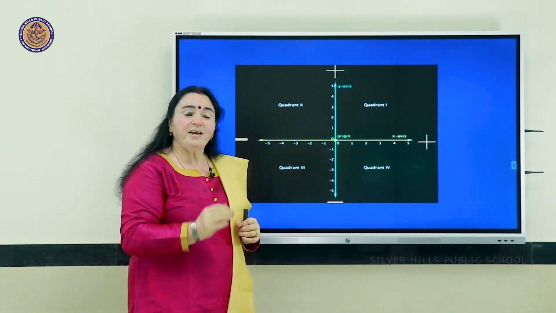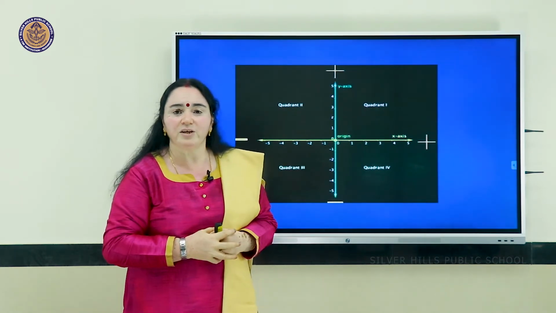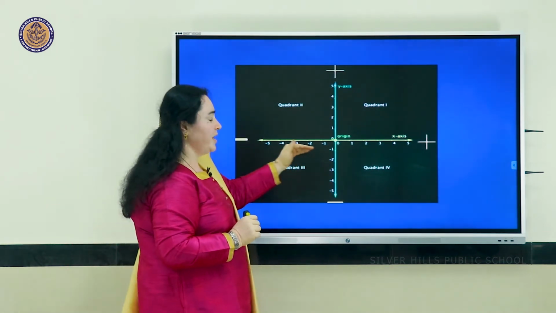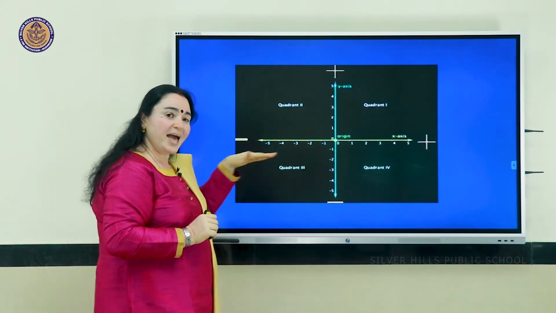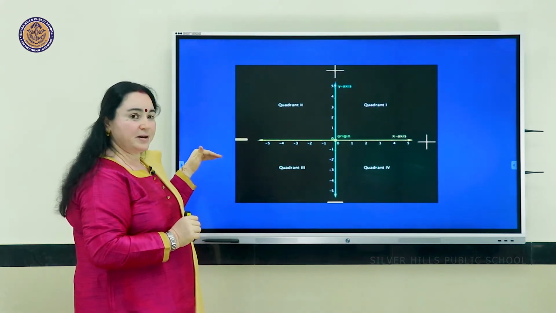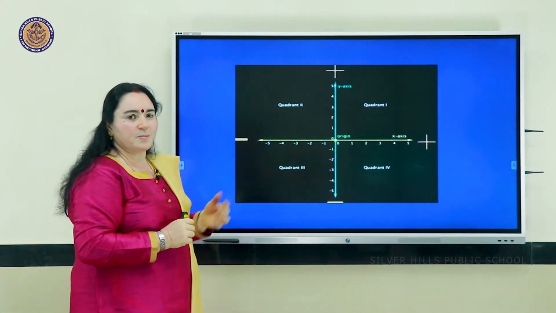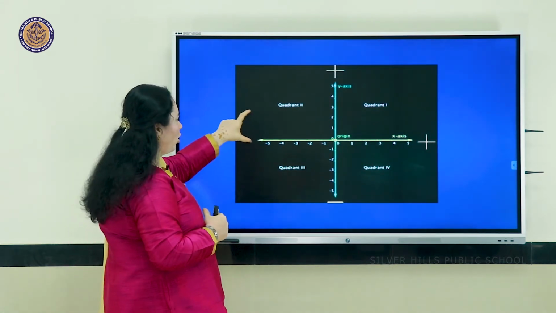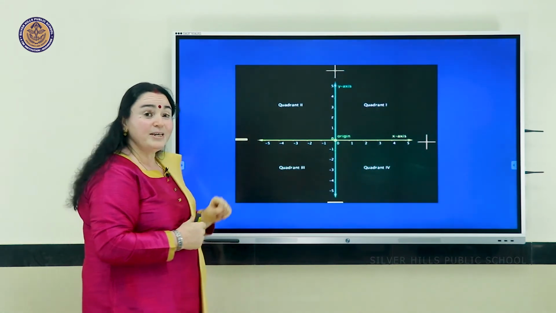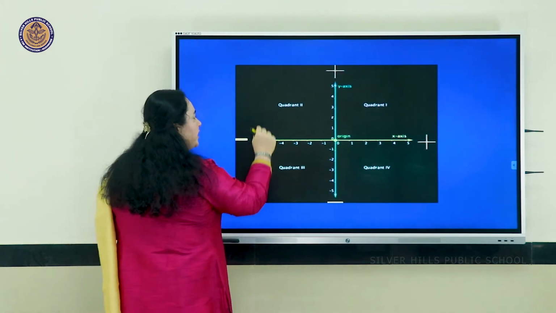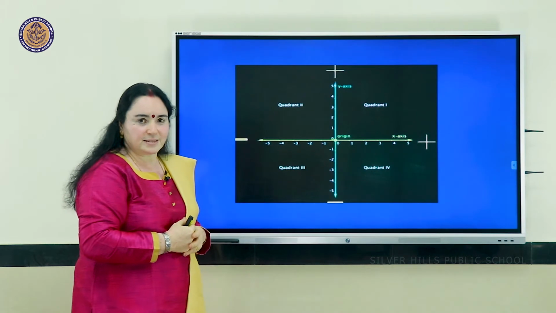This is exactly what the Cartesian sign convention is all about. As my x-axis over here is equivalent to the principal axis of a spherical mirror, I am going to place the objects at different positions on the principal axis. So if I keep an object over here, the height of the object will be taken as positive because I am measuring it above the principal axis. Right?